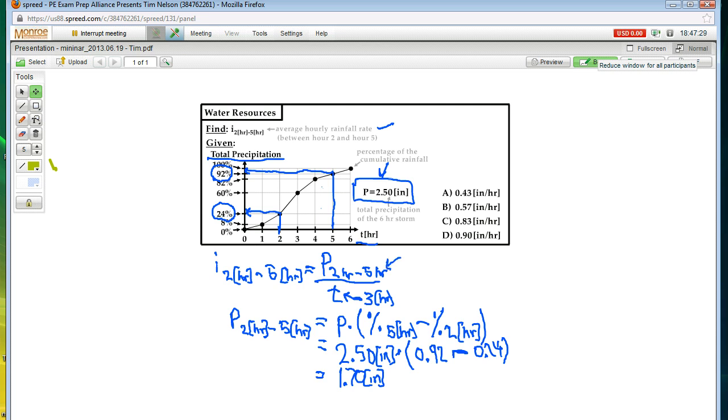So we come back up to our numerator in our first equation to calculate the average intensity, and I'll write in 1.70 inches. And we're ready to make our final calculation of 1.70 divided by our 3-hour duration.